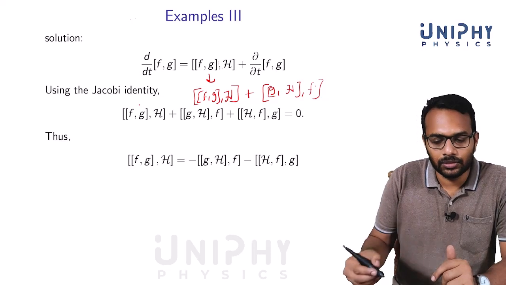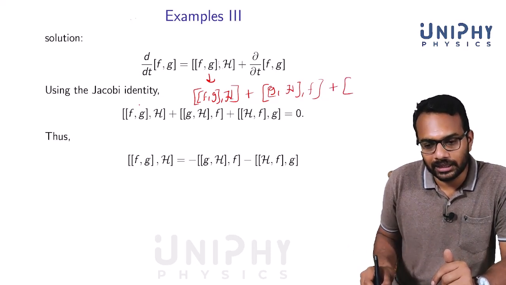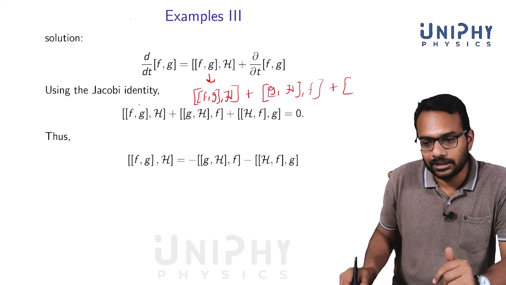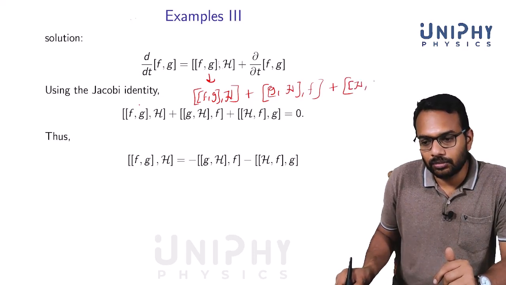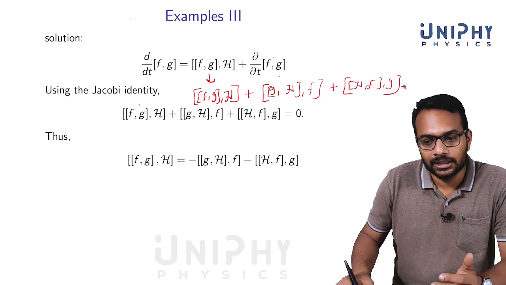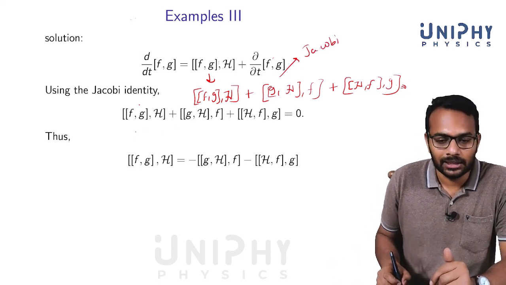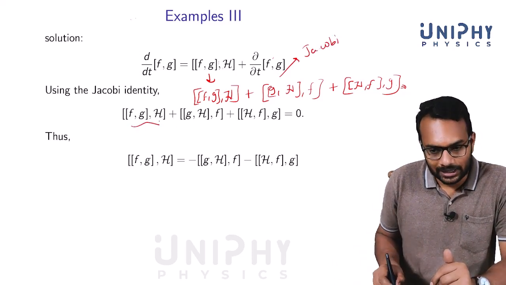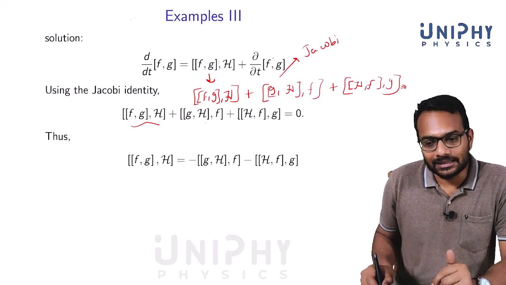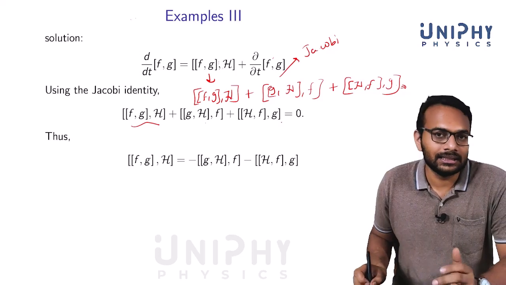Plus, what's the third term? You start from here: it's h comma f comma g. This is 0. This is known as the Jacobi identity, which we saw in the previous class. So f with g with h, plus g with h with f, plus h with f comma g, is equal to 0.